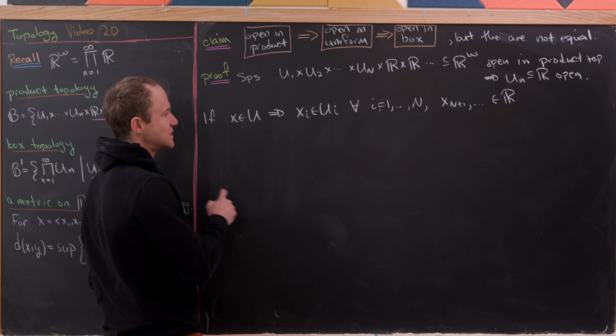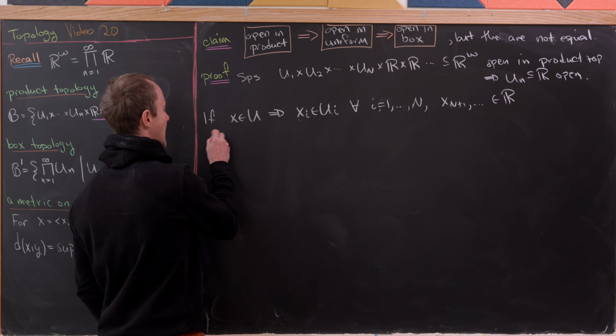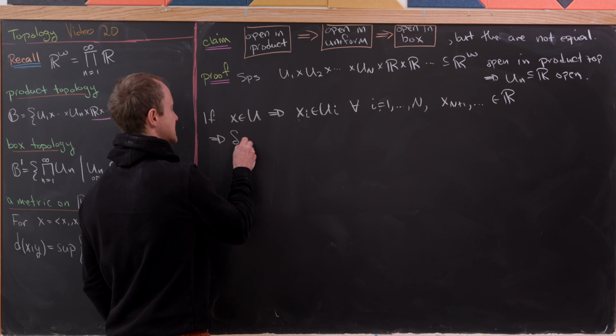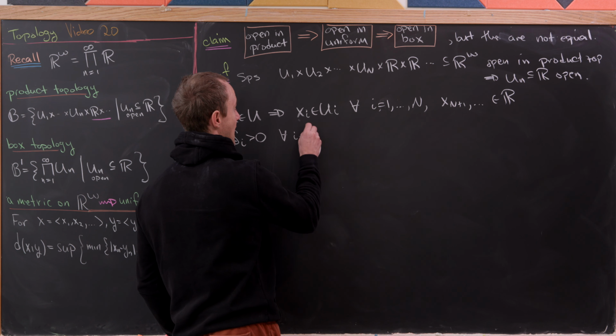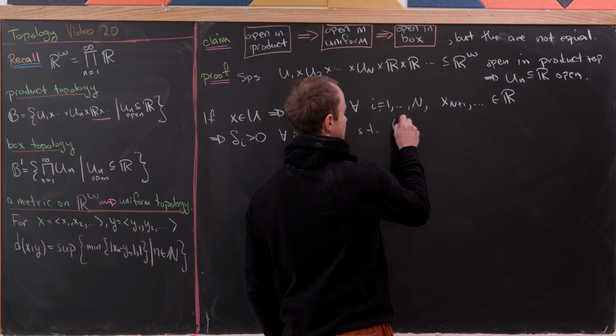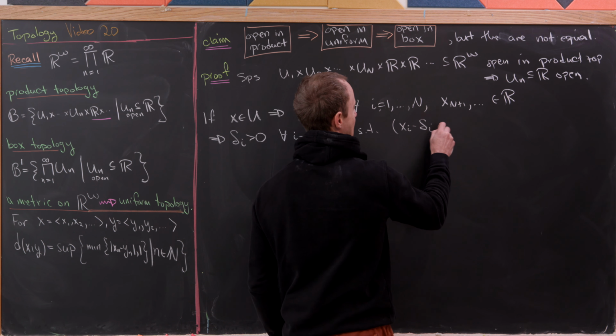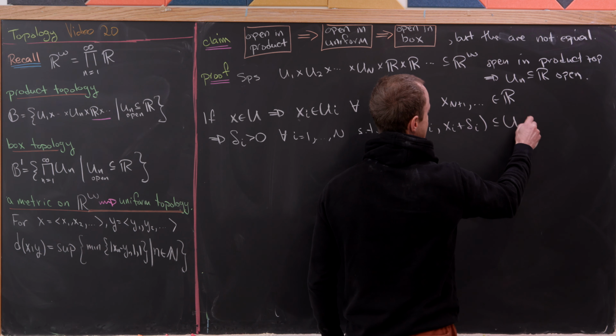Okay, so now let's notice that since Ui is open, that means that there exists a delta_i which is bigger than 0, and this is for all i between 1 and n, such that the interval xi minus delta_i to xi plus delta_i is totally contained in Ui.